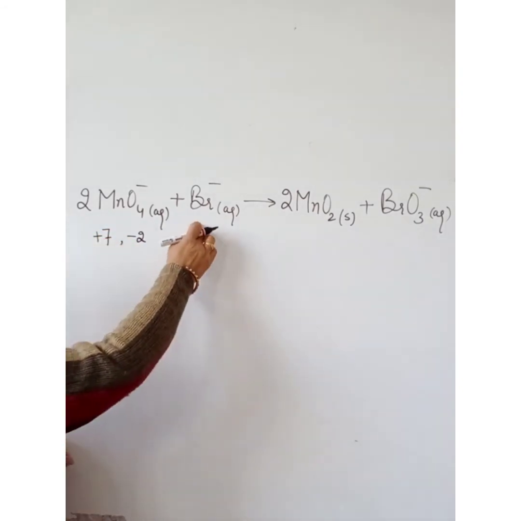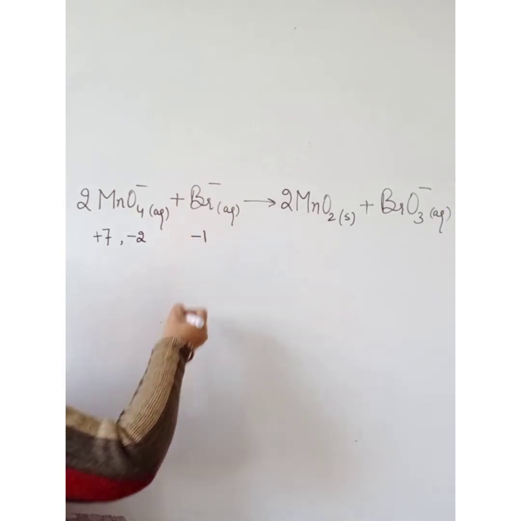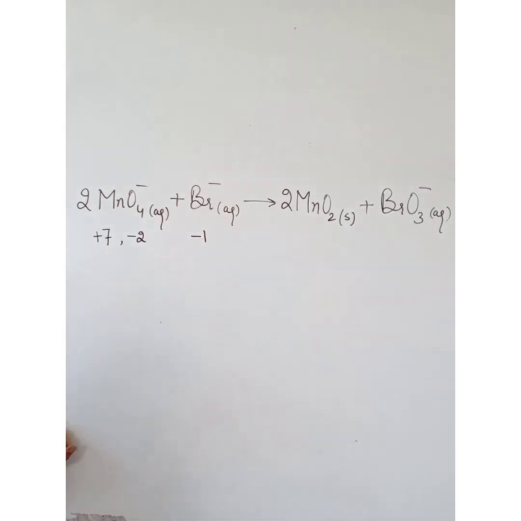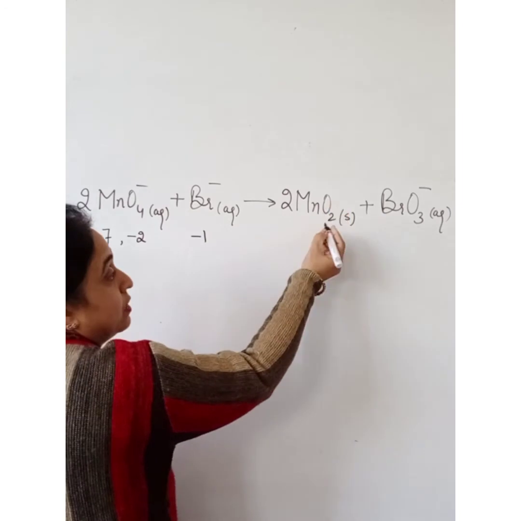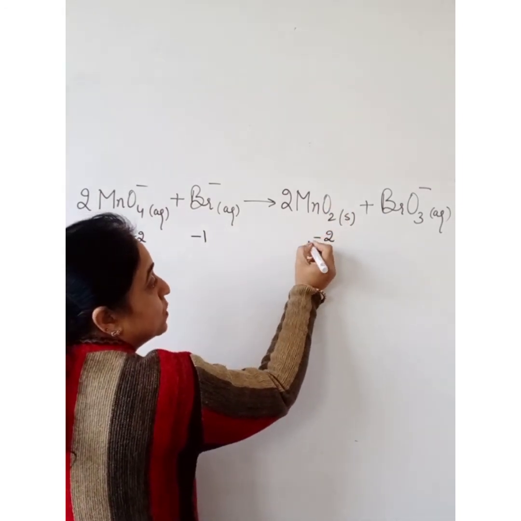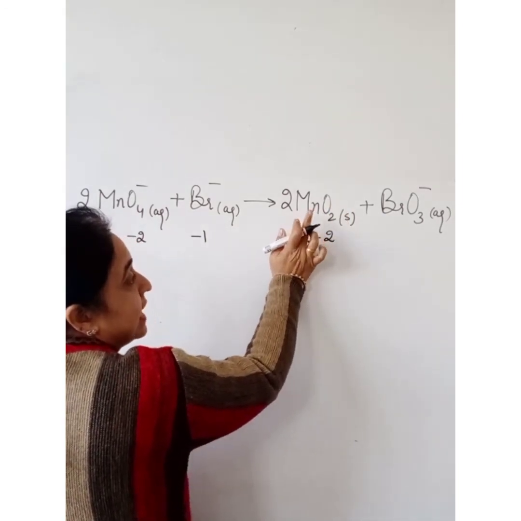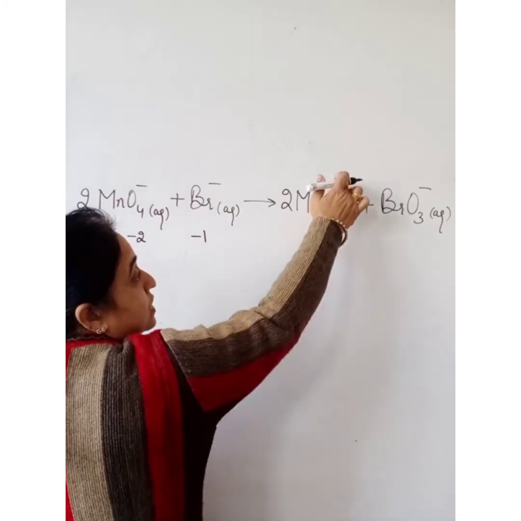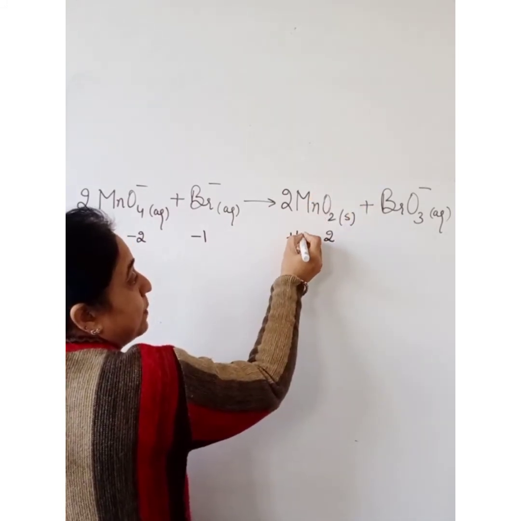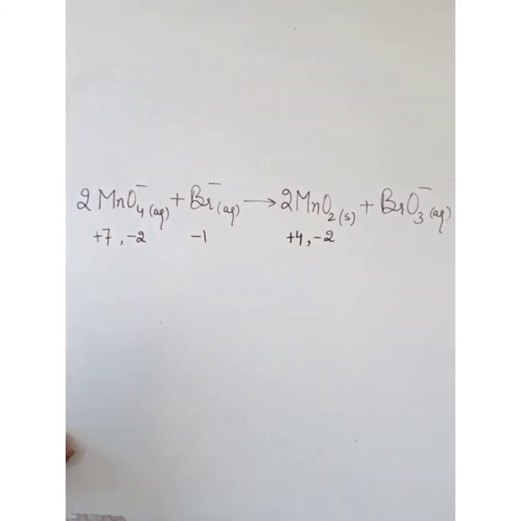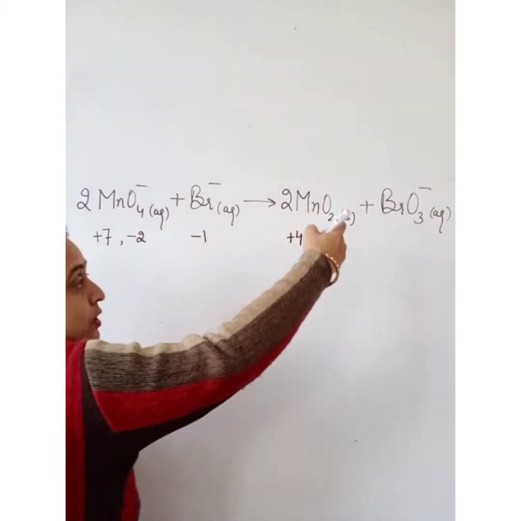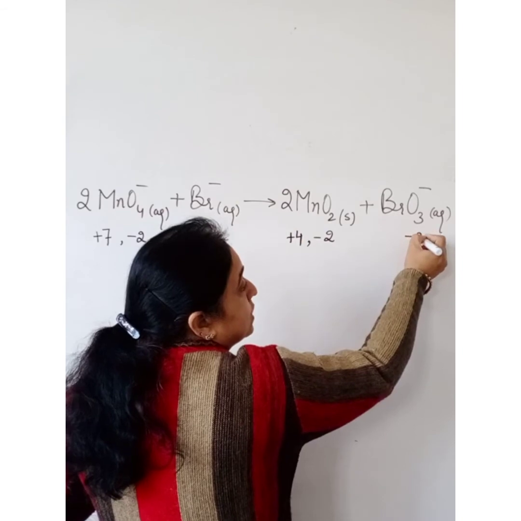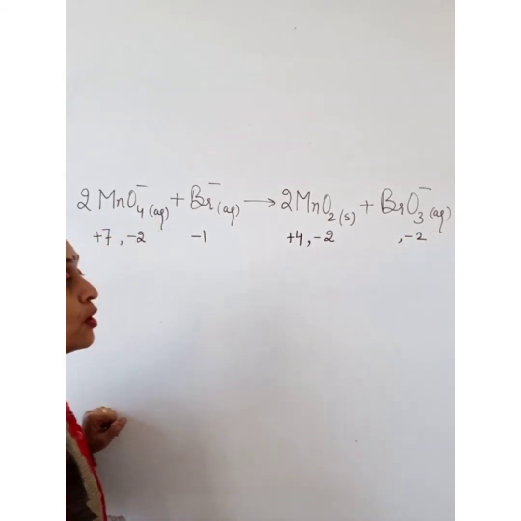This is an atom bearing charge, so -1 is for Br minus. Let us calculate for here. Oxygen is having -2, and if I presume this as x plus 2 into -2, -4 is equal to 0, so for Mn we get +4. Let us calculate for this. -2 is the oxidation state of oxygen.